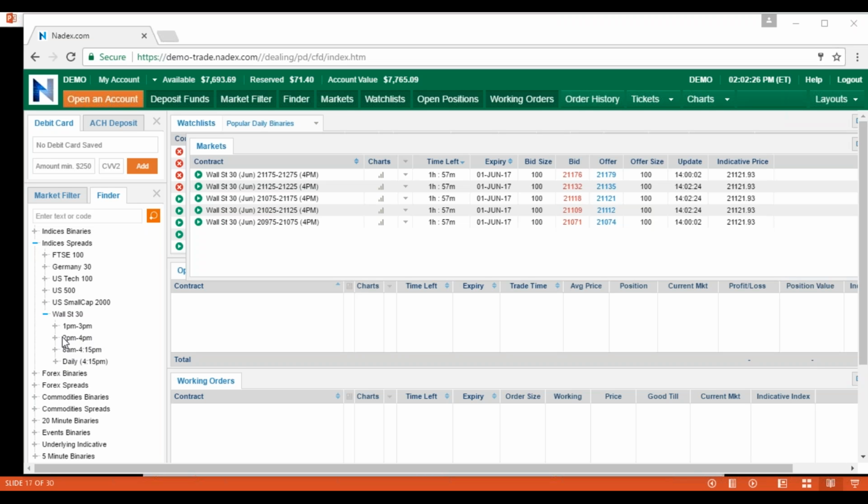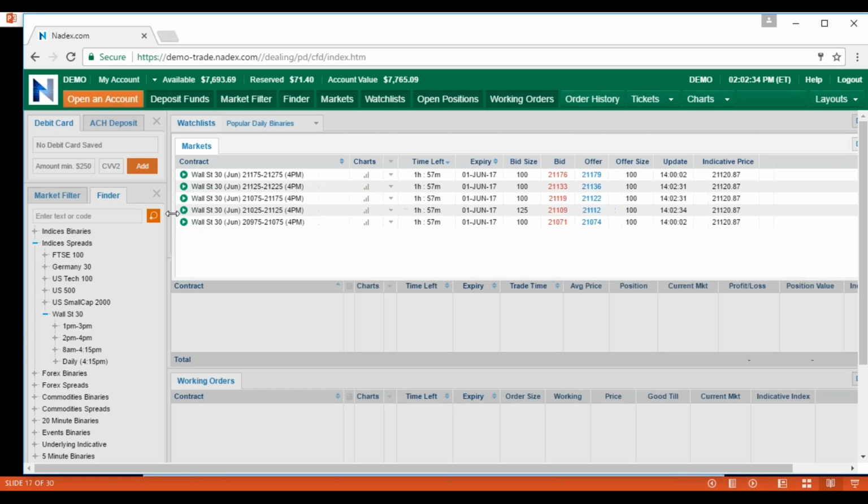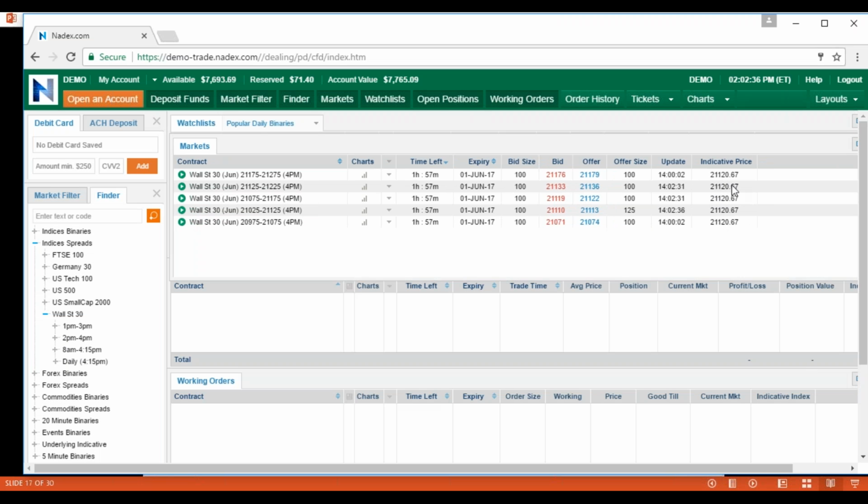So for example, these that just opened up right now at 2 o'clock, they go from 2 to 4. Well, at about 1:58, it's a matter of where is the market at? Where is the indicative at? Okay. And you notice right here, right now, the indicative's at 21,120. Okay. So right before 2 o'clock, they're looking to see where the market is at.